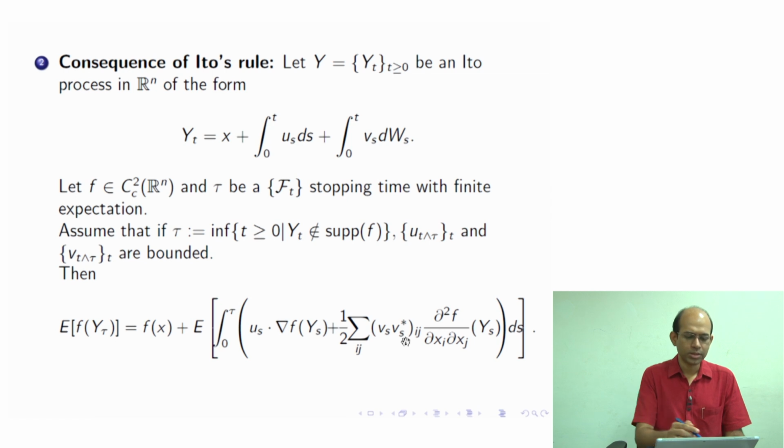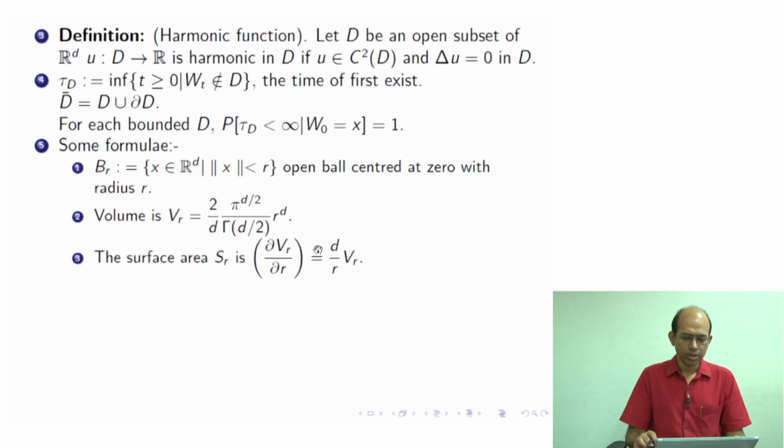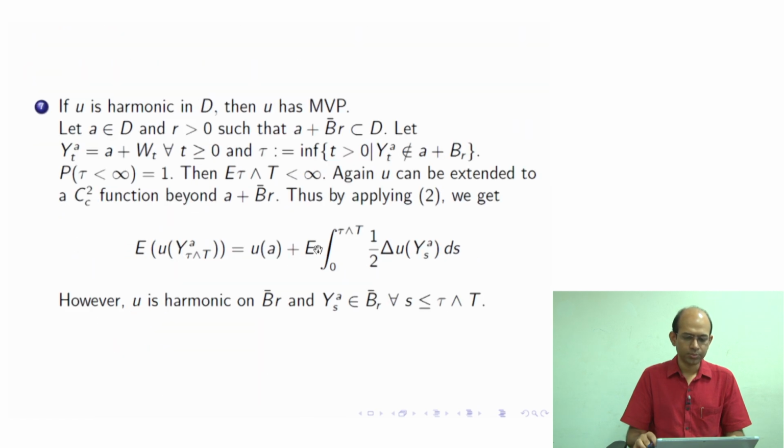Remember, here Y tau is like this, but for our application x is A, u is 0, and v is just the identity matrix. So all these assumptions written here will be satisfied, and we apply that theorem.